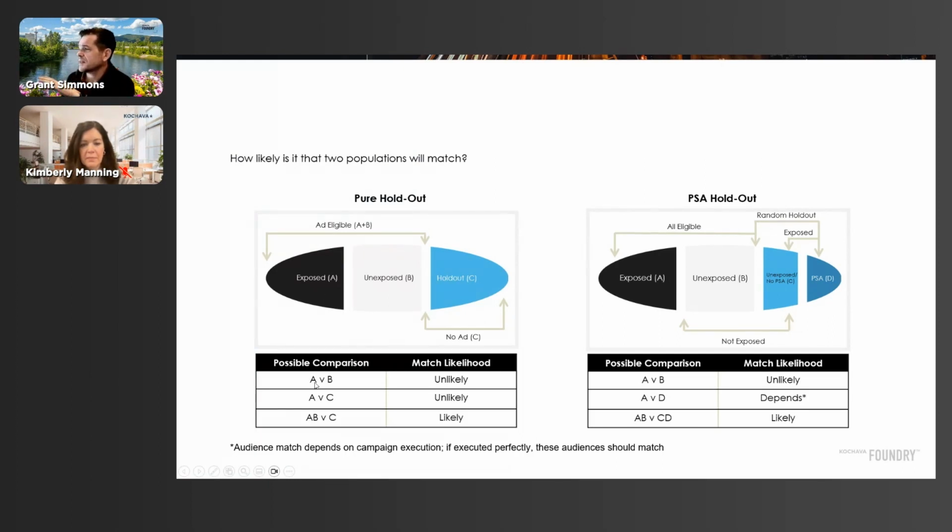And the point to this is your exposed will not look like your unexposed group in terms of customer makeup, affinity, what they're into, customer behavior. They won't look alike. Your exposed group won't look like your holdout either. The only one that will look alike is if you glue together who you intended to treat versus your overall holdout. But again, that's problematic, especially when that conversion rate might be higher in the unexposed group because of who you could reach with ads.